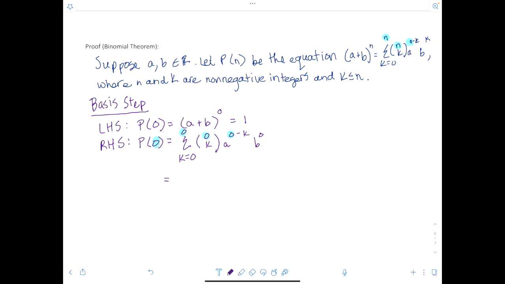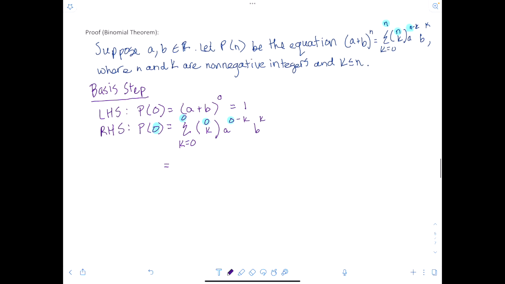And I should have left this as k, sorry. Now, the only way for this to make sense is if k is 0. So you would end up with, because of the conditions, the premise, that k is less than or equal to n, the only value k can take on, since it's non-negative, is 0.